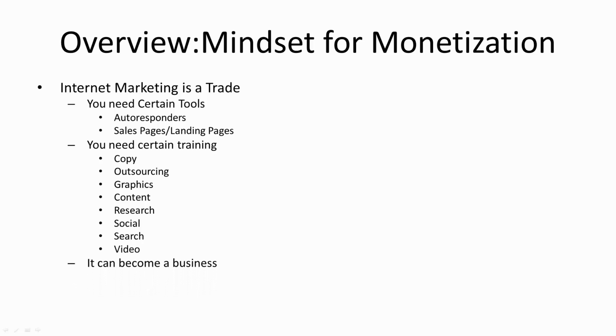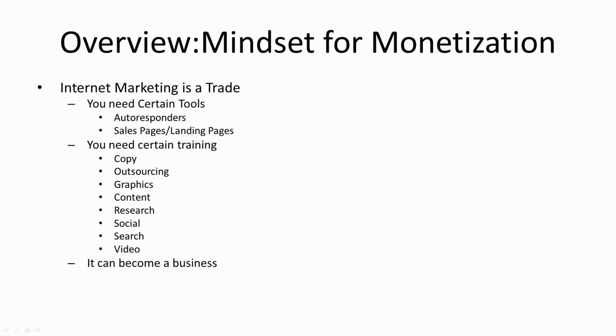So basically, you want to understand that these are going to be things that you need to understand, even if you choose not to be the person to do it. If you're going to have someone else do it, you want to have an understanding of how it works. If you have to outsource copywriting, you want to understand what good copy is. If you want to outsource your graphics, when you get the actual package back, you want to understand what good graphics look like.